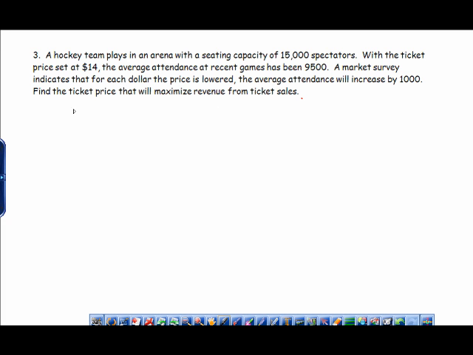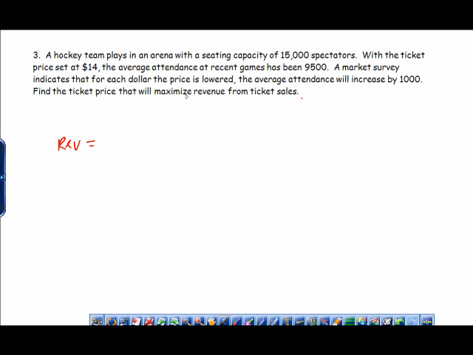So I could let X be the actual ticket price, but when I'm writing my equation for revenue, it's going to be much easier if I can write an expression of ticket price in terms of the number of dollars that I'm lowering.